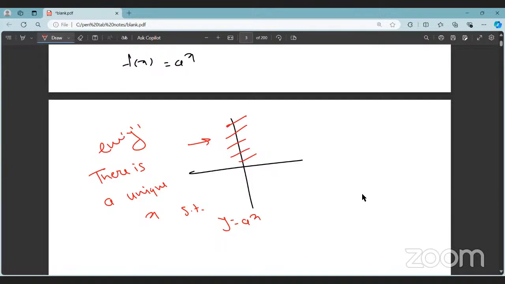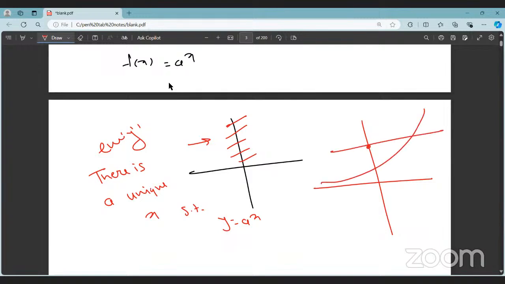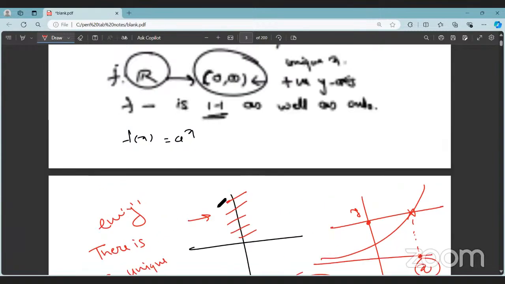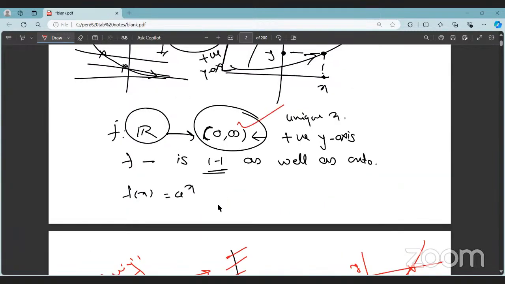Again, by observing the graph, if this is the graph and you take this y, then draw the line, you will get some point, and you take the perpendicular to the x-axis. So for every y, we have a unique x such that a to the power x is equal to y, and that's what we need for saying that it is onto. So the exponential function restricted to this codomain is an onto function.